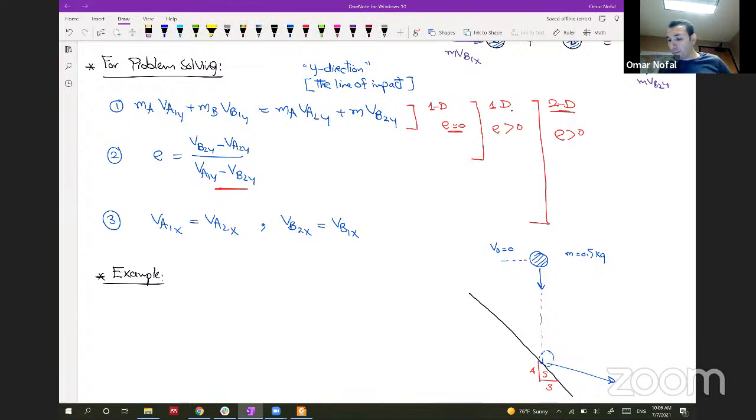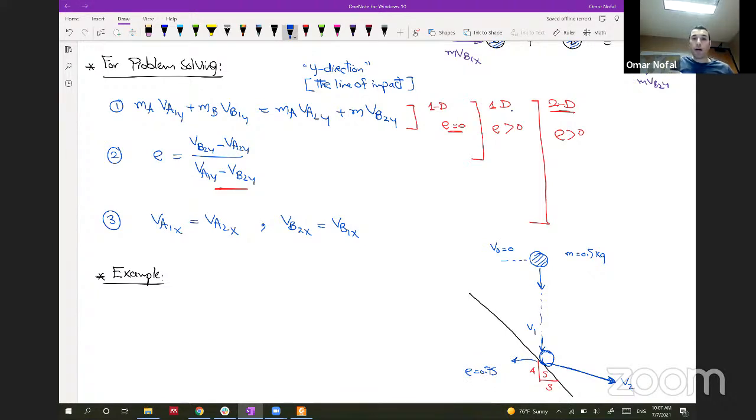Let's assume that before it contacts the surface, it has V1, and just after the contact it will have V2. And let's see what else. Yeah, it is given that the coefficient of restitution between this ball and the surface, E, is 0.75.